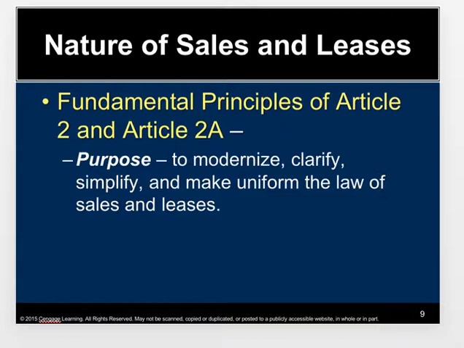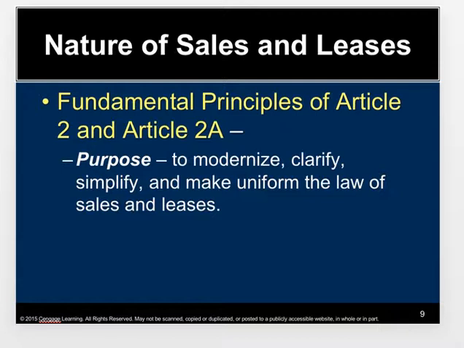So the idea is to make laws uniform throughout the states. Obviously, we have 50 states with 50 different sets of laws. And although the law is very similar from state to state, it really varies little, but there are some changes. And in certain areas of the law, some of those changes are actually or could be significant.